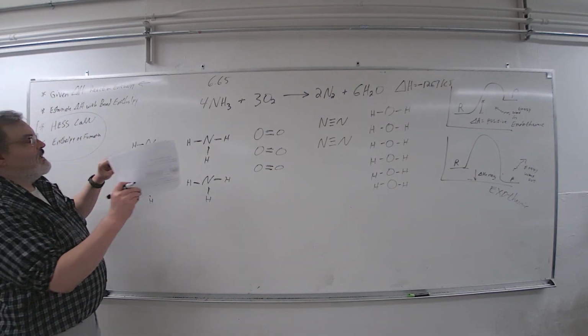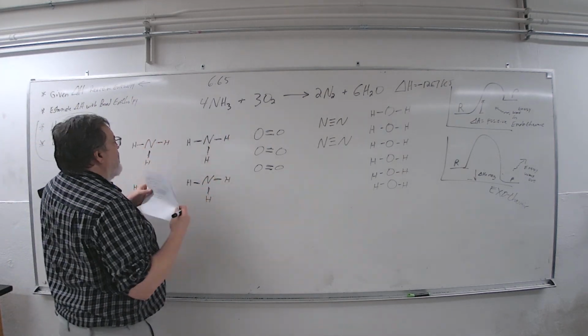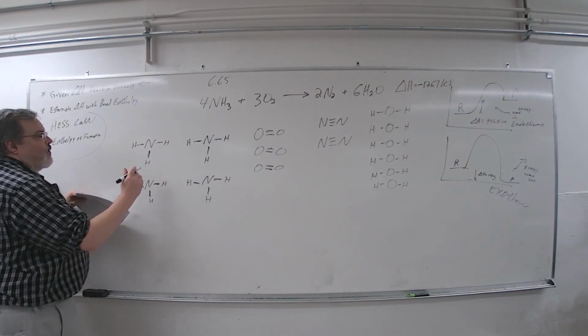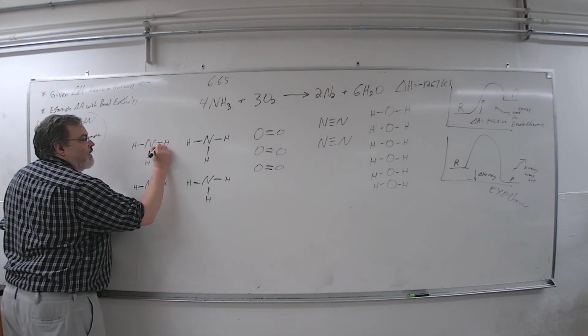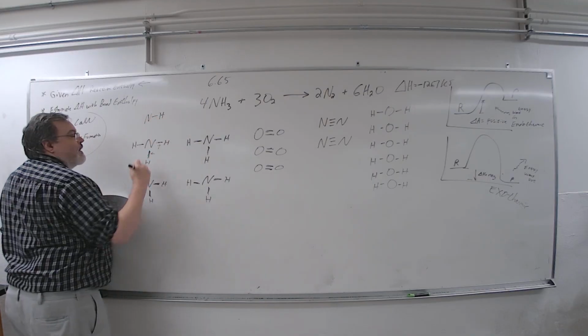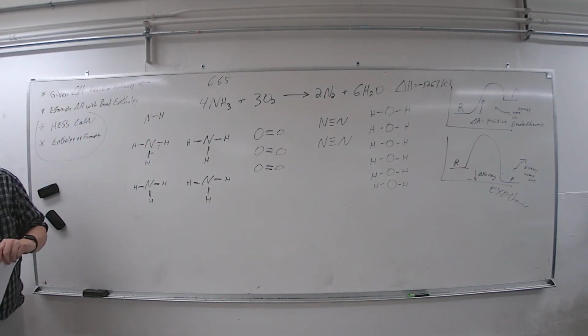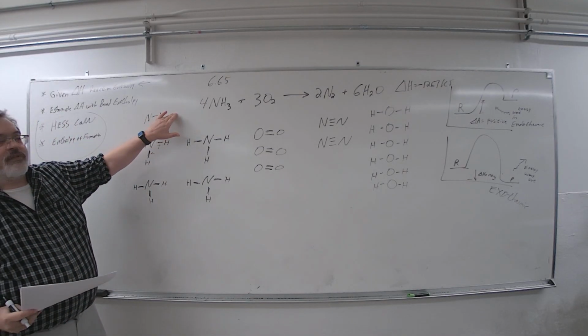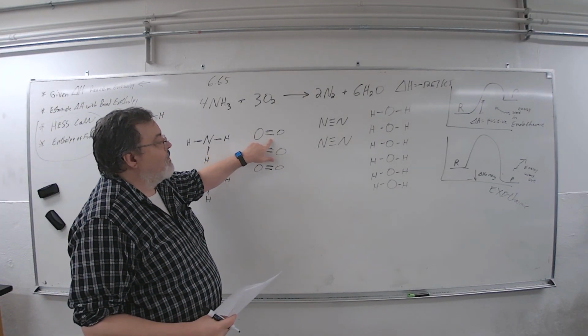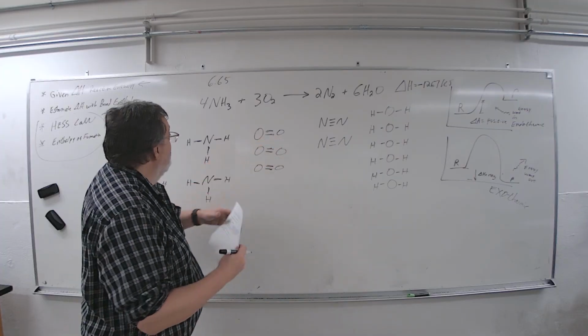Okay. So these bonds break. In relation to this estimate of delta H, we do actually know the delta H for an N to H bond. There's a chart in the book, we'll look at it later. There's a certain value for that. There's a certain value for breaking a double bond between two oxygens.